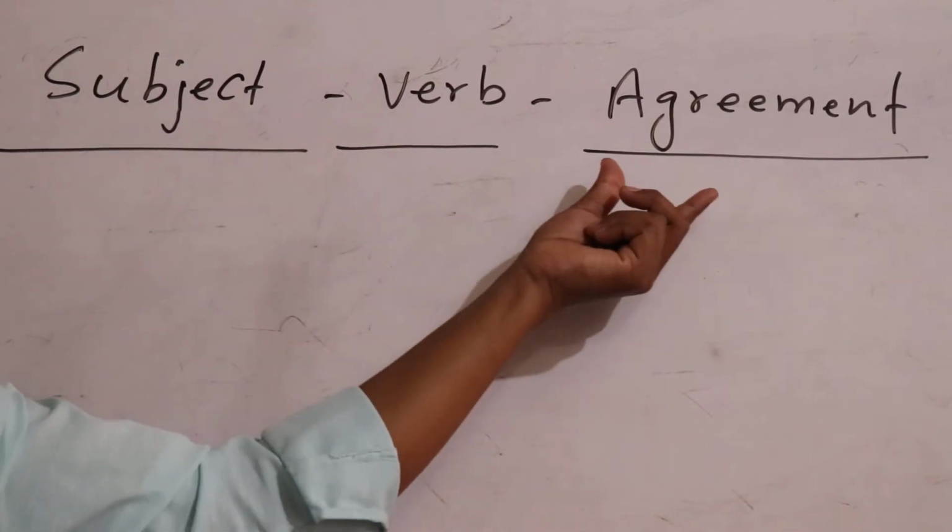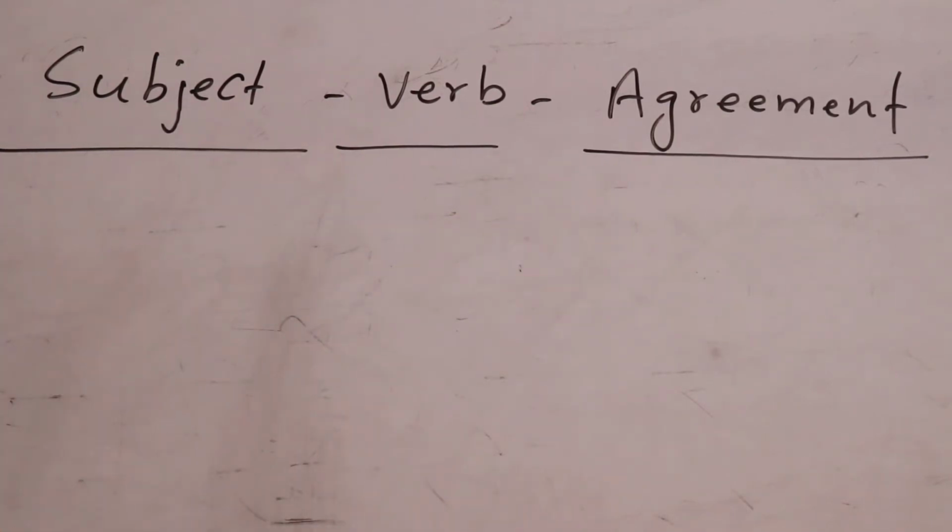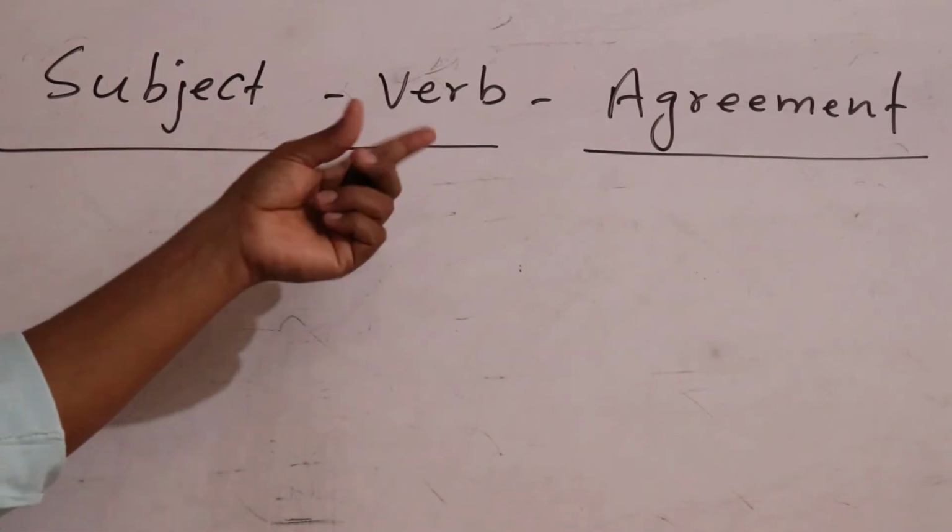Again today we are coming back to this topic because this is very crucial for writing any kind of language, whether it is spoken or written. It doesn't matter wherever you are using it, you must give focus to subject verb agreement.